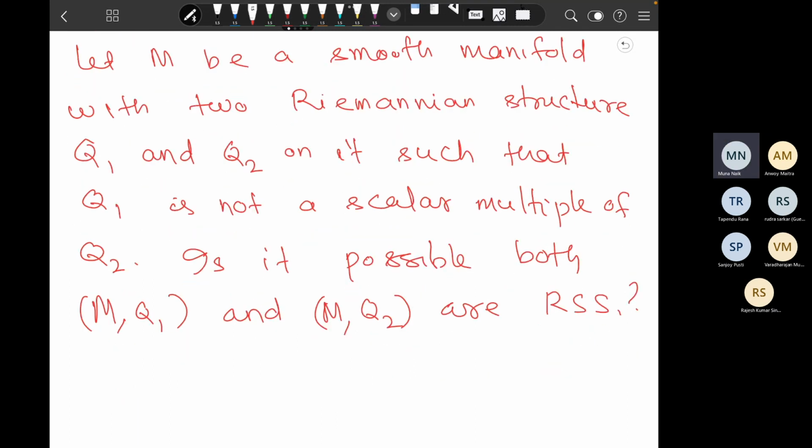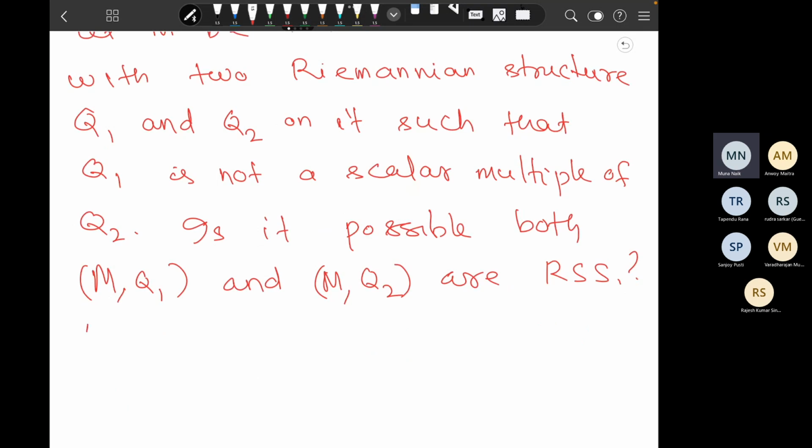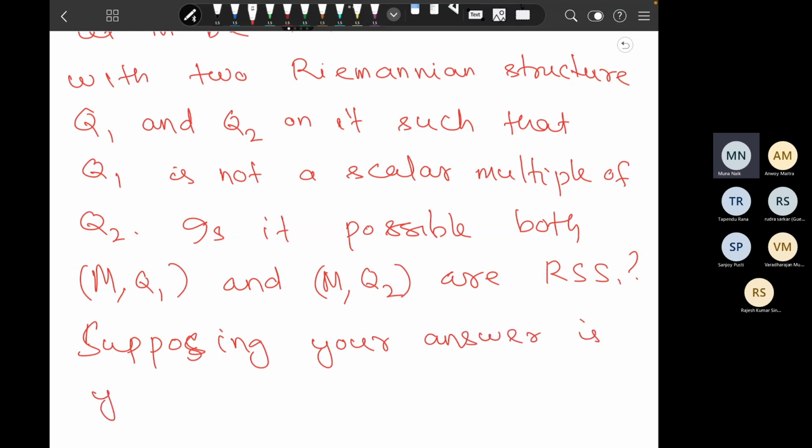First, this is the question. Second question is that, supposing your answer is yes, suppose you can show that this is possible, is it possible that geodesic inversions are the same?